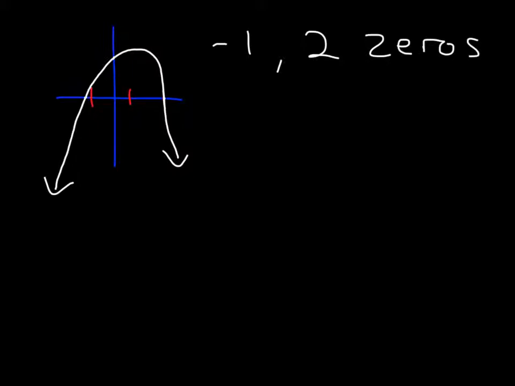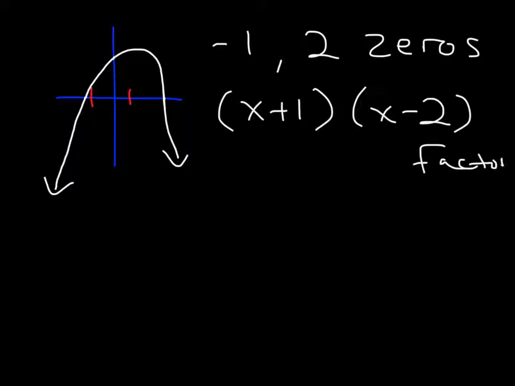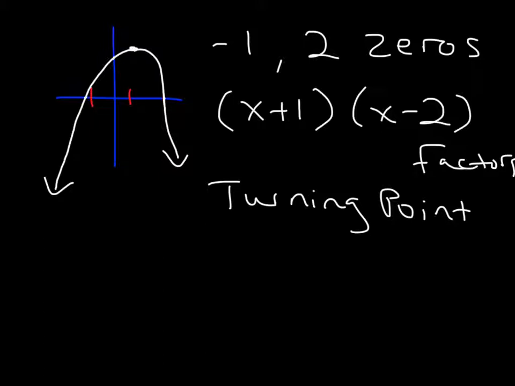What if I asked you to turn them into factors? Could you turn them into factors? Well, sure. That would be x plus 1 and x minus 2. Those would be your factors. Do you see how that works? I could also ask you for the turning point. So where's your turning point? Well, your turning point is going to be your vertex, right? And I didn't draw this very well, but this turning point in this instance would be 1, 2. That would be my turning point.